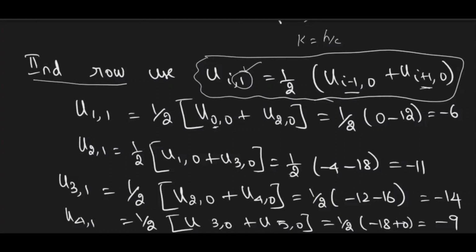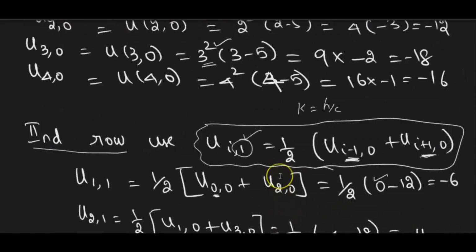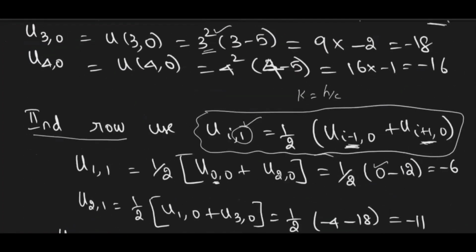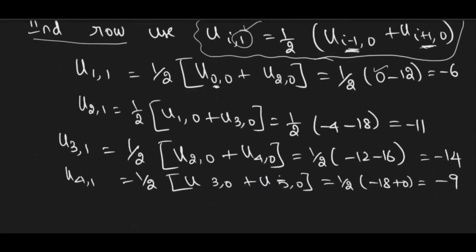So 0 comma 0 plus u of 2 comma 0. So I have taken the previous value and the next value. What is u of 0 comma 0? Already we have calculated 0. U of 2 comma 0 we have also calculated, that is minus 12. So I'm just substituting the average of these two.